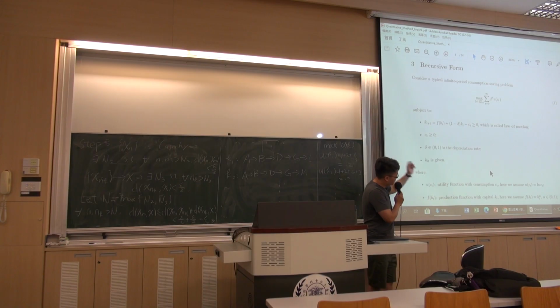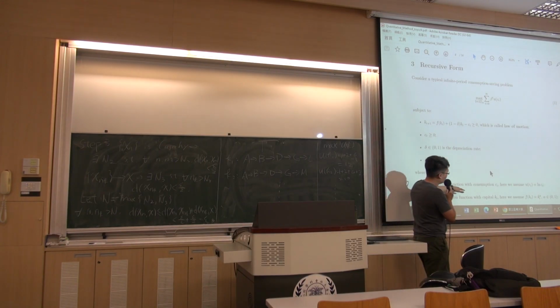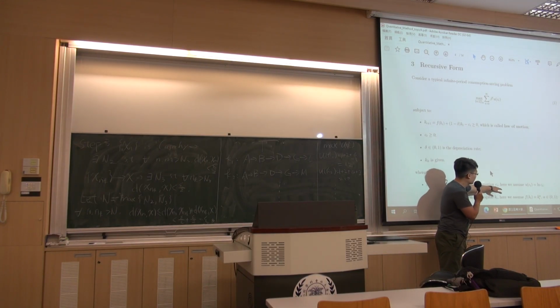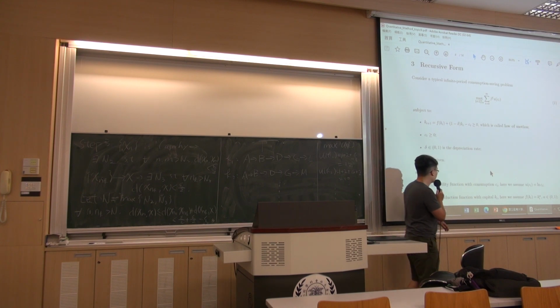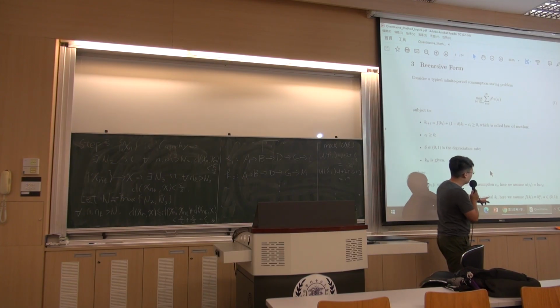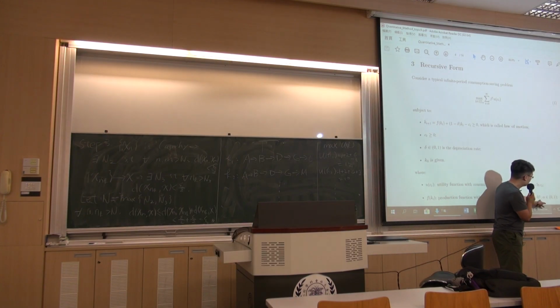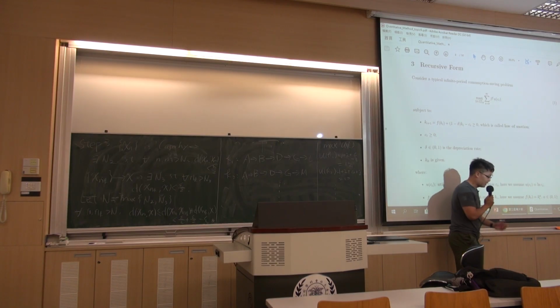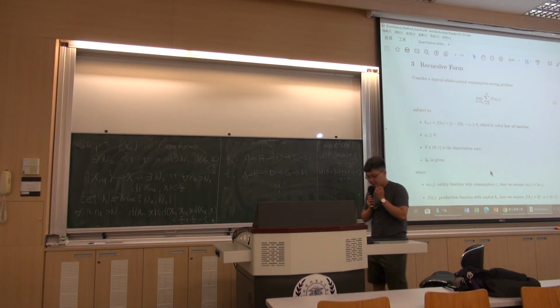The function u here is the utility function for you to consume the final good c_t. Okay, and we also have the production function, meaning that if your saving or your capital is k_t for this period, you can use it to produce the final good, which will give you this amount, k_t to the power of alpha.